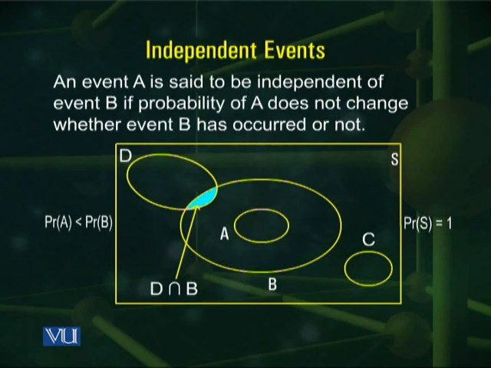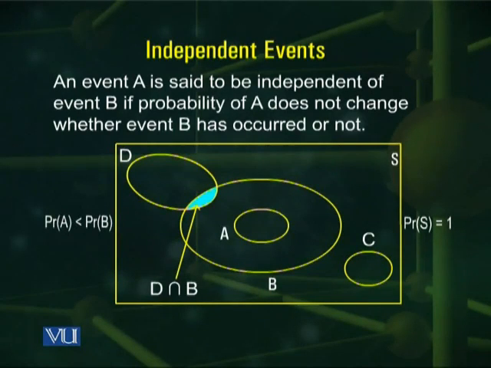And the conditional probability of D given B will be the ratio of the area of the intersecting region and the whole area of B. If this ratio also happens to be a number smaller than 1 and equal to the area of D, then events D and B are said to be independent.